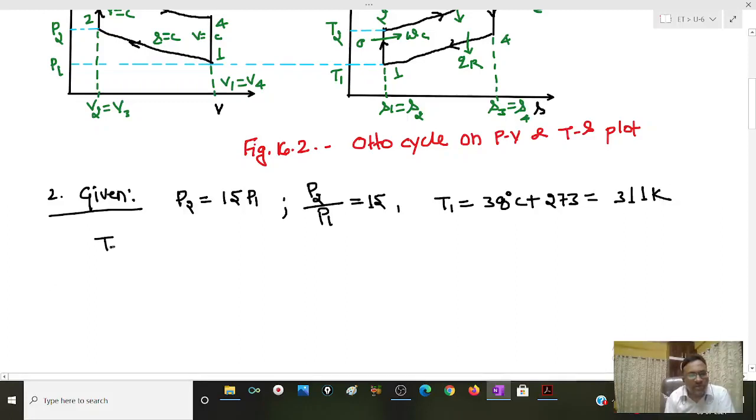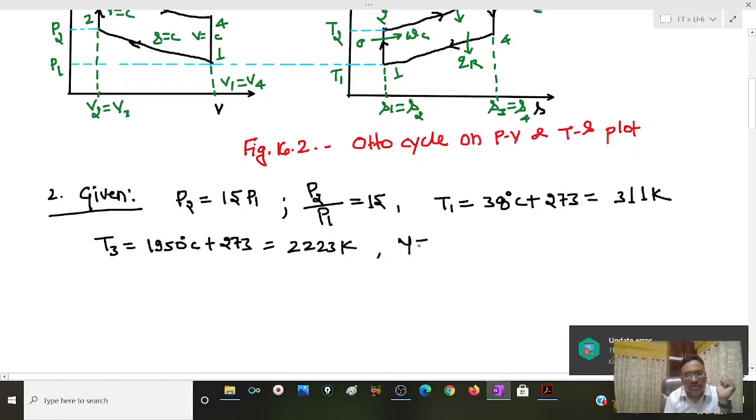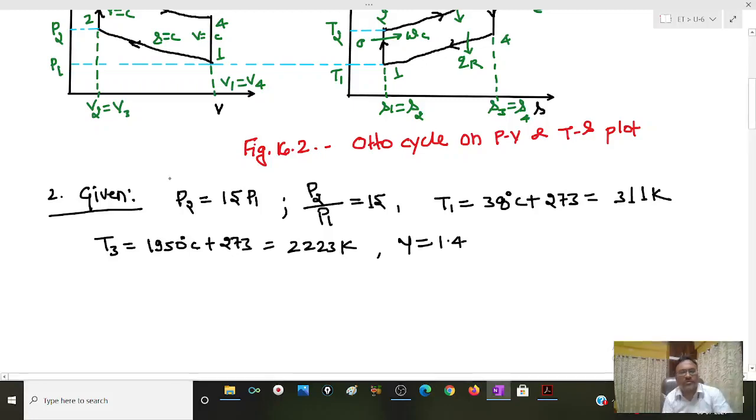Similarly, T3 will be 1950 degrees Celsius plus 273, so this temperature will be 2223 Kelvin, and the gamma value is 1.4. These are the values given to us.